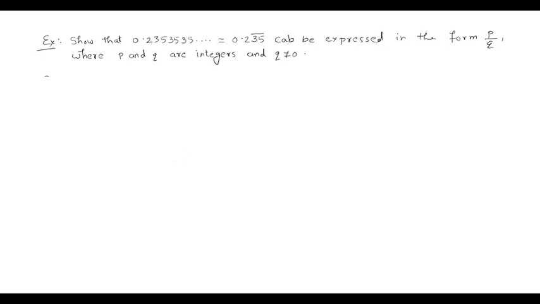Show that 0.235353... can be expressed in the form p by q, where p and q are integers and q is not equal to 0. Here, after one digit, two digits are repeating. Again we will consider x equal to the given number 0.23535..., as equation number 1.